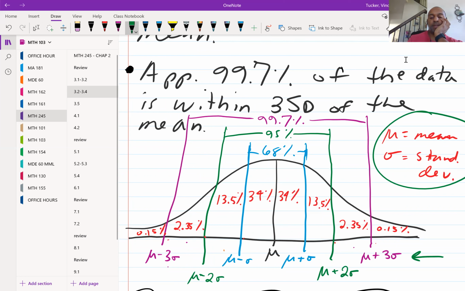And then down here, like I said, your mean, Greek letter mu, is in the middle. And you add a sigma, subtract the sigma, that's the blue line. Add 2 standard deviations, which is sigma, subtract 2 standard deviations, that's your green line. Then add 3 standard deviations and subtract 3 standard deviations, that's your purple line.